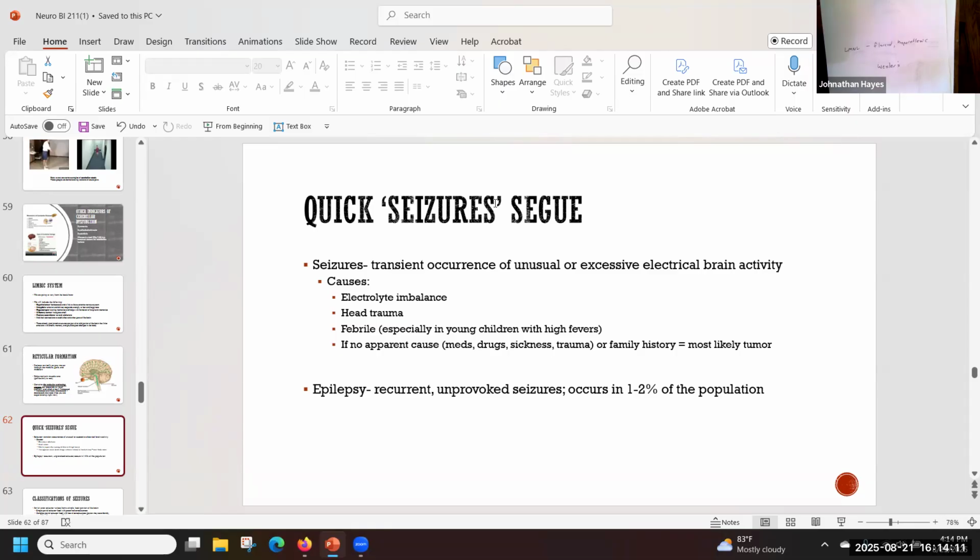But if they have no normal history of seizures, and all of a sudden they're coming into the hospital and now they're acquiring seizures, then chances are, what changed acutely between 5 hours ago and just now? Maybe they're spiking a fever, so it's febrile seizures, or maybe there's an electrolyte imbalance. Those are the two things I would look for, and those are the things you would be mostly responsible for correcting.